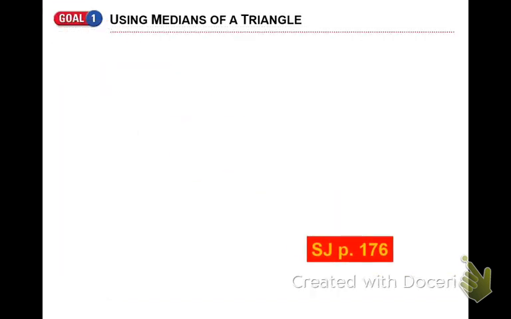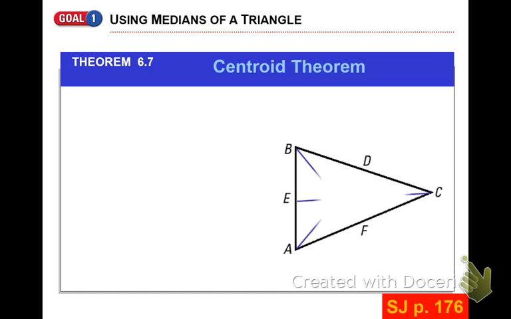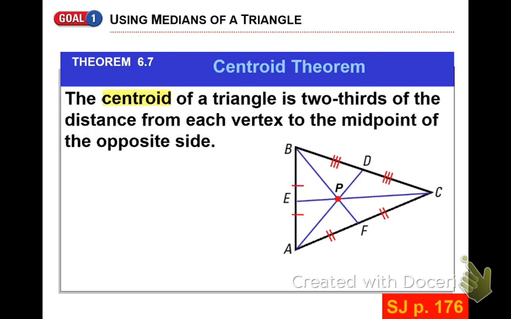So the relationship, which you have a blank for, here's my centroid. The centroid of a triangle is 2/3 of the distance, so your blank is 2/3 of the distance from each vertex to the midpoint of the opposite side. So 2/3 is your blank.